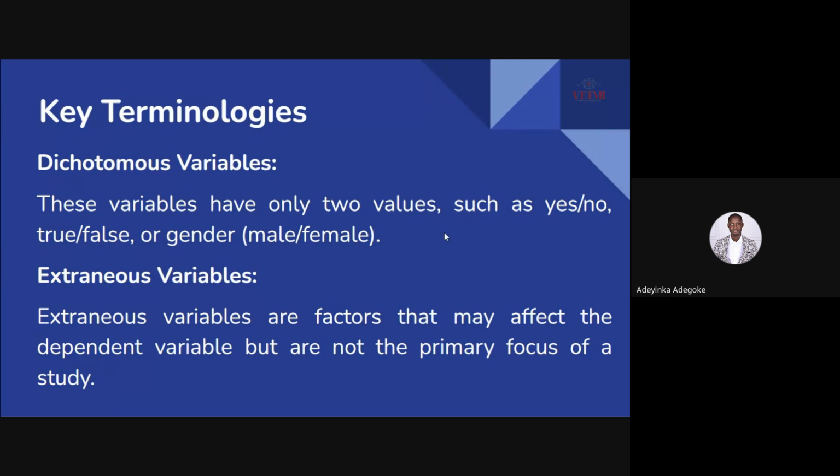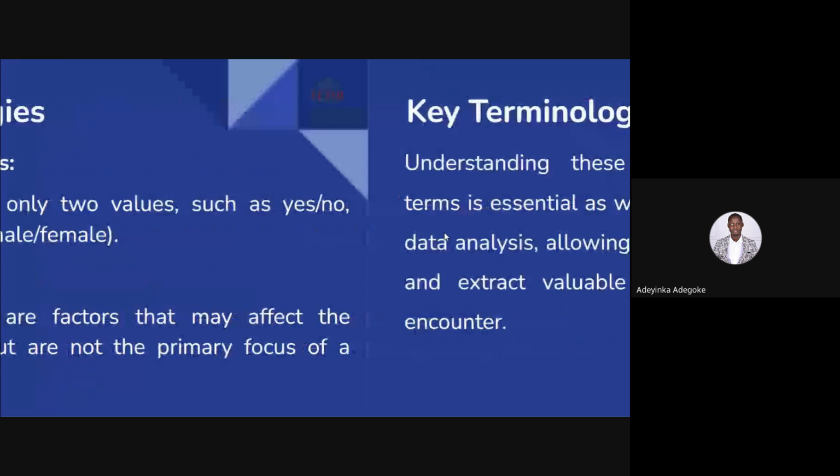We only want to talk about maybe level of education on income. There are other factors that affect income apart from level of education. So those other factors that affect our dependent variable, but which we are not interested in making our primary focus, we refer to them as extraneous variables. So that's that.